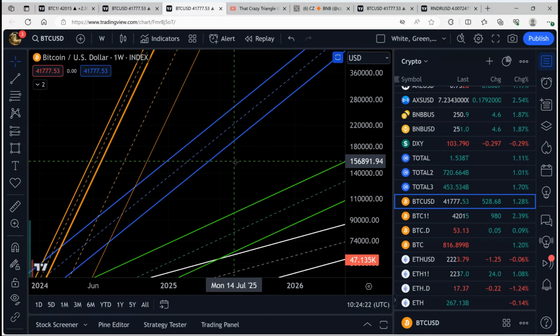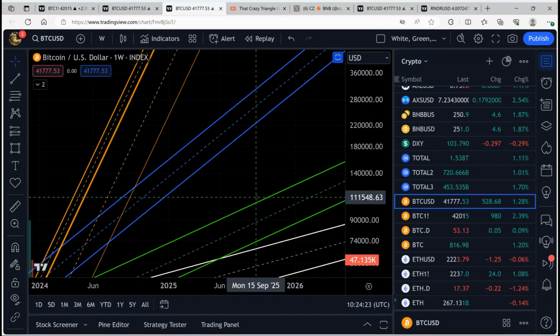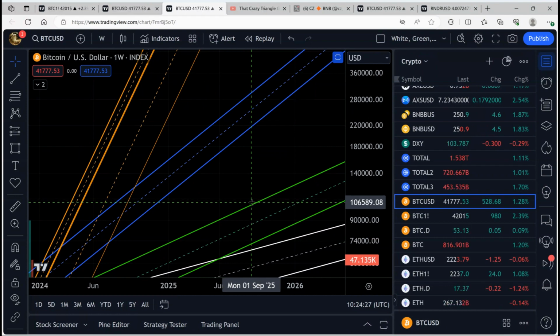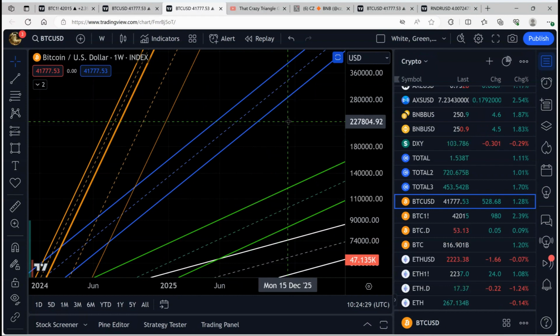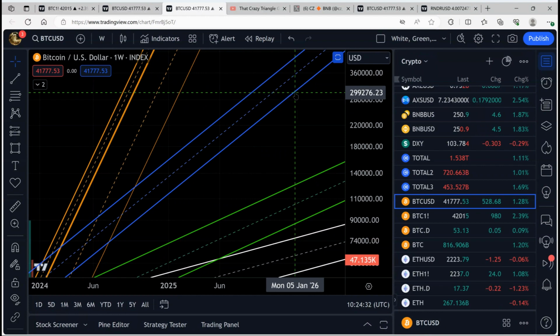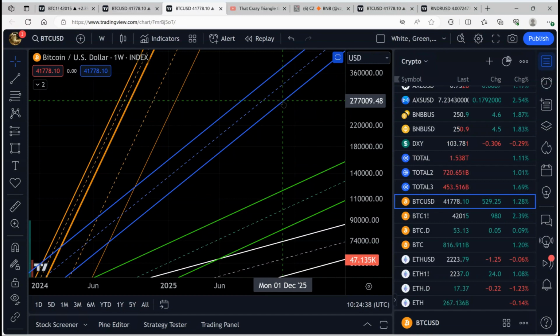And then another pullback to about 100,000, and one more to 300,000.